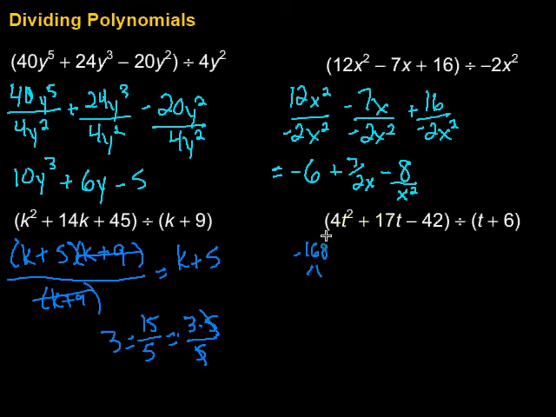And I want factors of negative 168 that are going to add together to be 17. Well, let's see. If I do 24 and 7 and then make this 7 negative, they would multiply to get negative 168, and we could add them together to get 17. Okay, perfect. Just what I'm looking for.